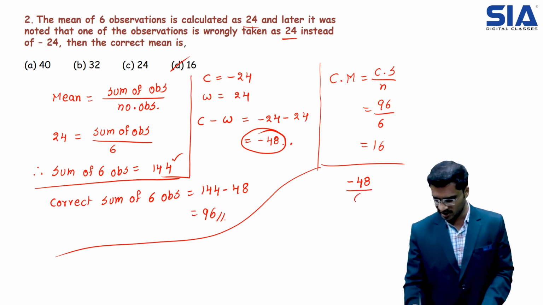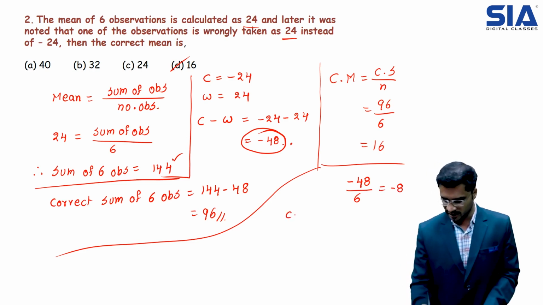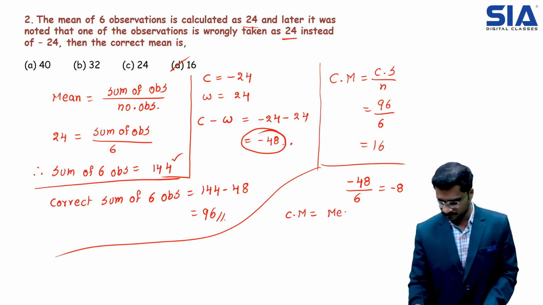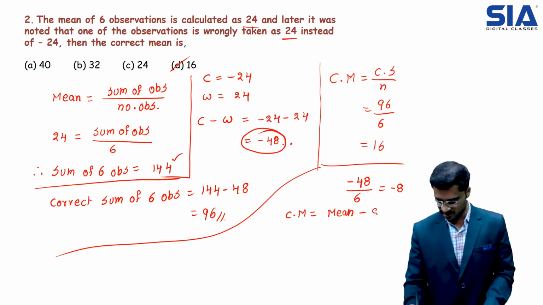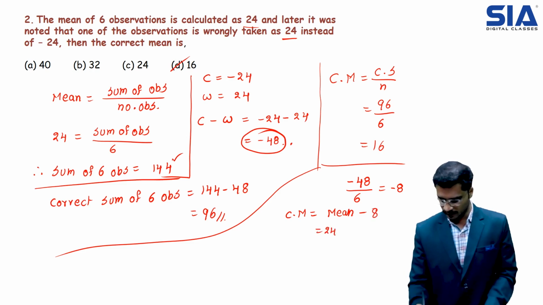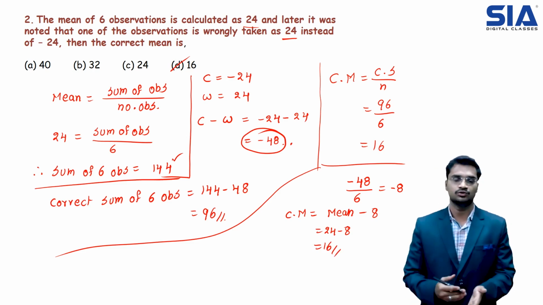Minus 48 divided by 6 is minus 8. Now the correct mean is the previously calculated mean minus the effect after reducing it to average. So 24 minus 8 is 16. So our answer is 16. We can also do it like this.